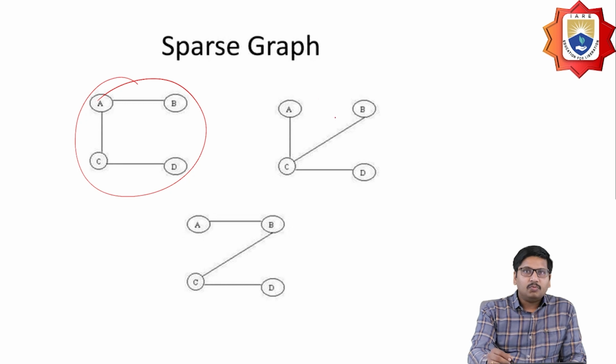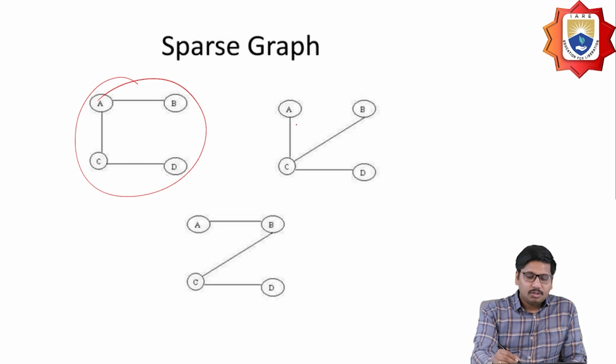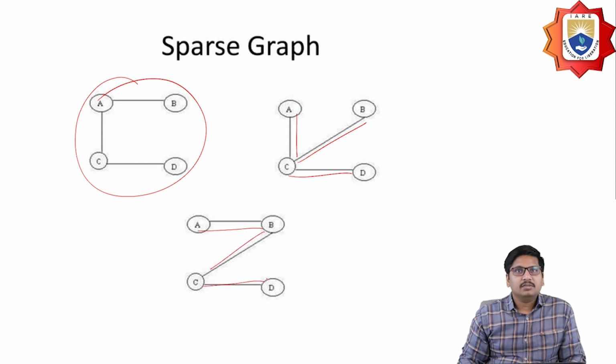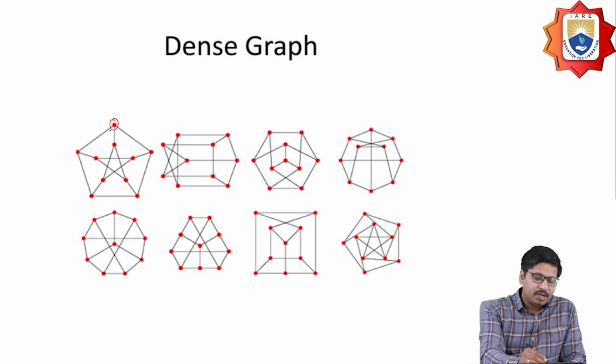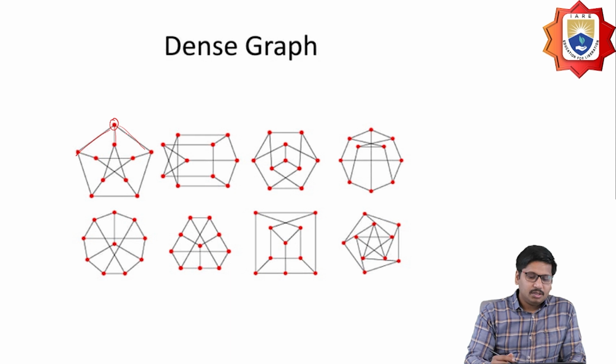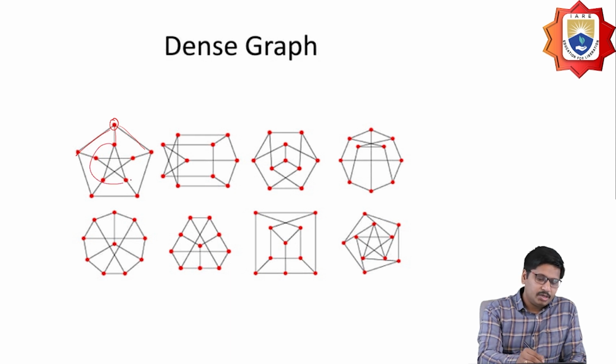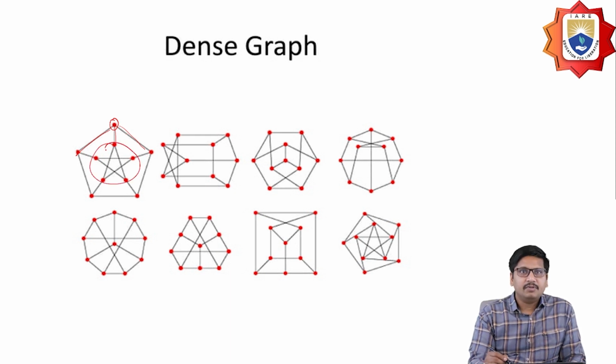And here I have to consider the edges in different fashions, that should be a sparse graph. A dense graph means that each and every vertex is connected to almost all the other vertices.